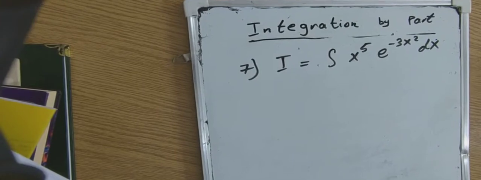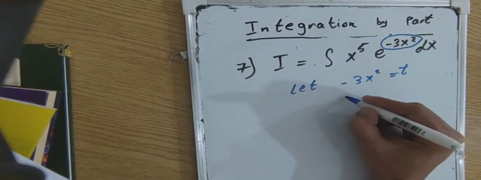Problem number 7 in our video will be evaluating the integration of x power 5 e power negative 3x squared dx. We can use integration by parts in this problem directly because we have a polynomial function.